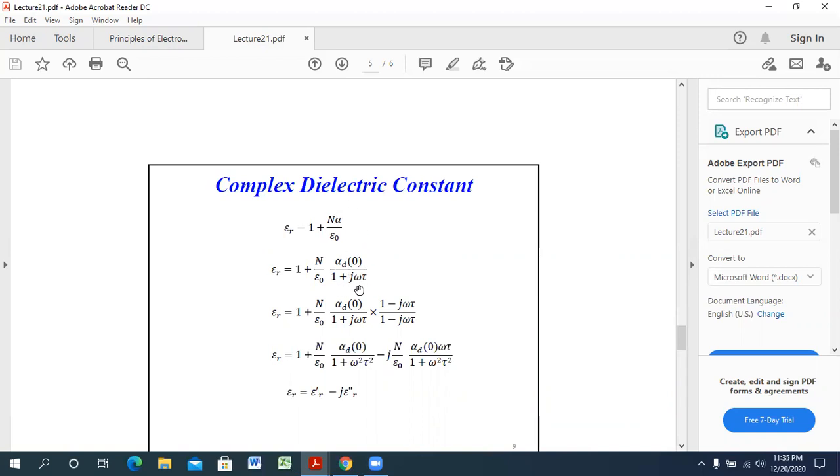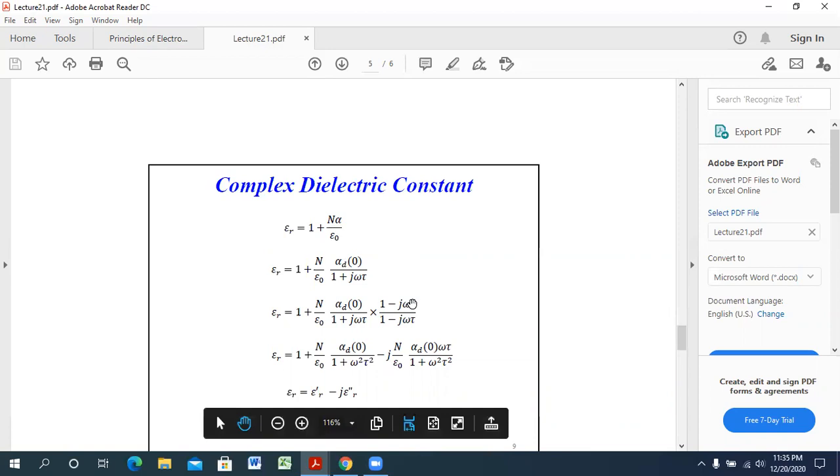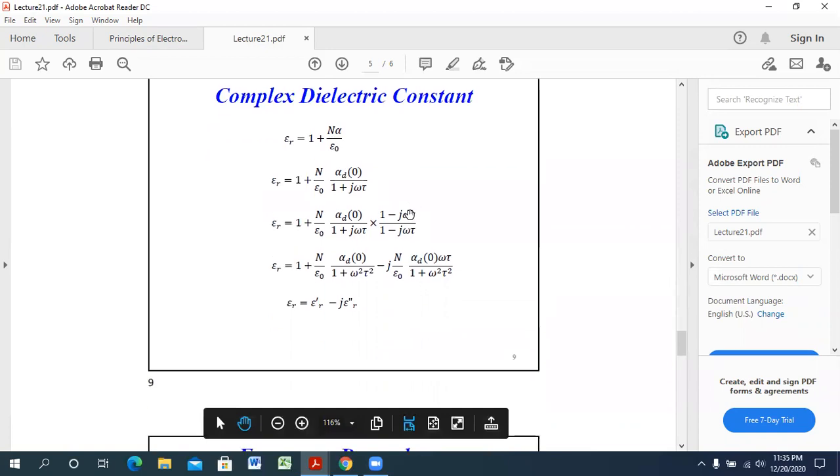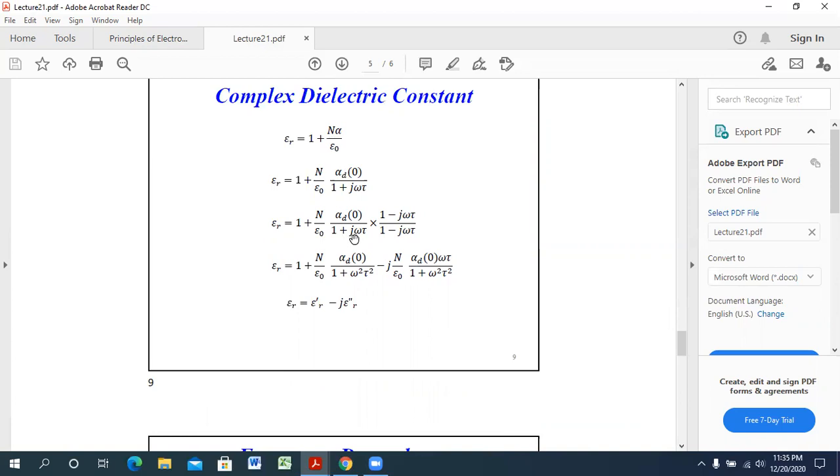Now, because this is a complex expression, we can multiply with the complex conjugate in both the numerator and the denominator. In the denominator, we will have 1 plus omega square tau square, but in the numerator there will be this complex part.